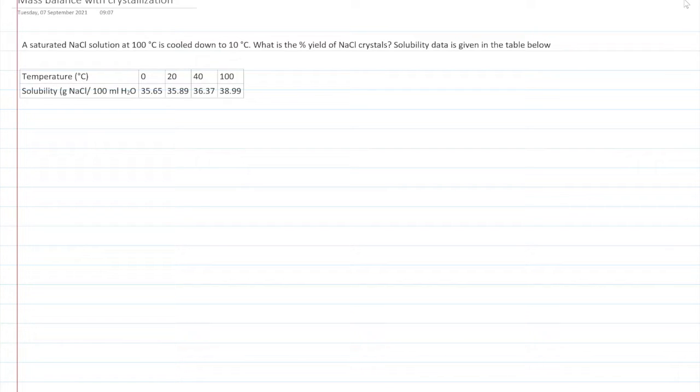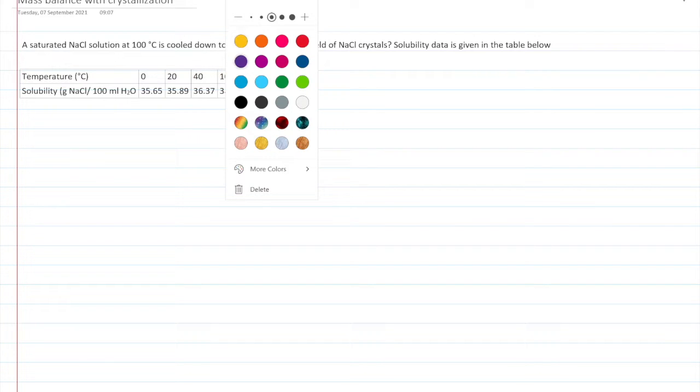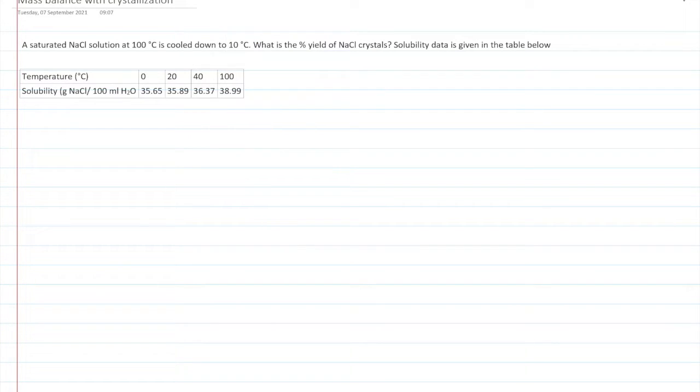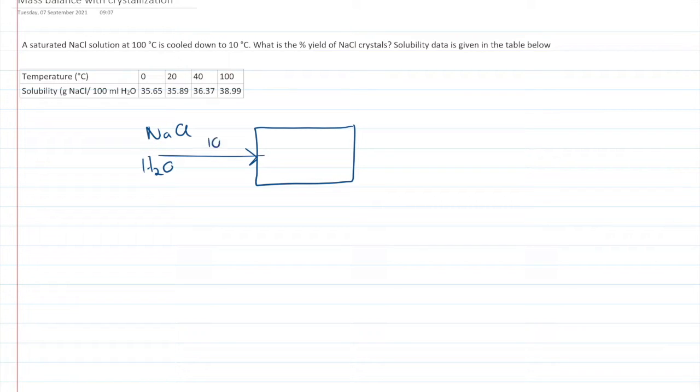So step one, when you do any of these problems, is always to draw the flow diagram so you can see what's going on. So what comes in is sodium chloride and water at 100 degrees Celsius.